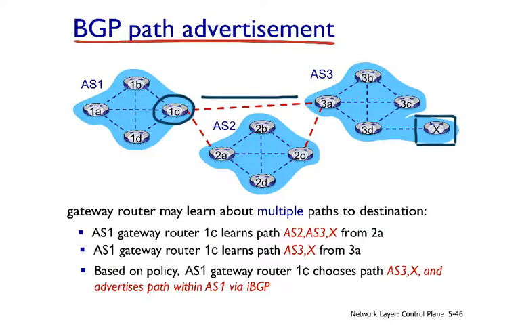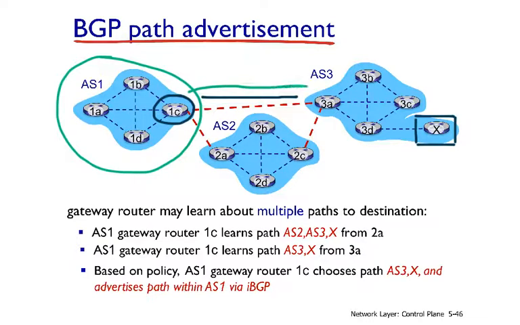The first path is going from AS1 to X by means of the direct link, then reaching AS3, and then finally reaching X. The other opportunity is going through AS2, then AS3, and finally X. In the first case, which is this one, going directly, there is only one AS that I have to pass through from AS1 to AS3.